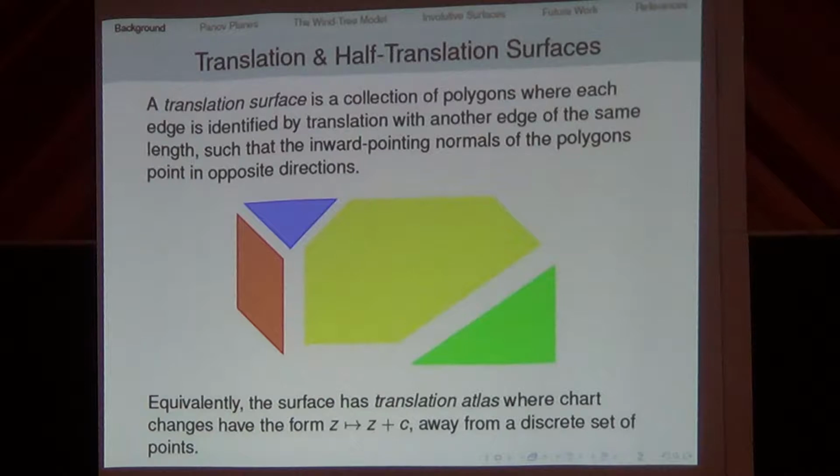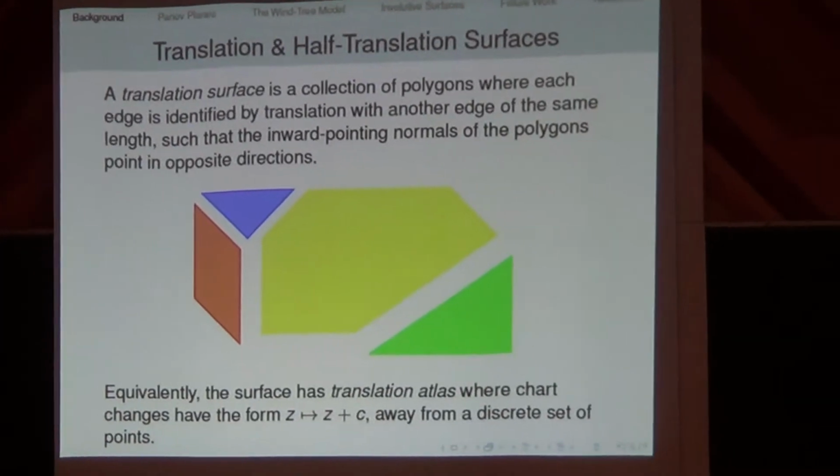This unfolded surface is an example of something called a translation surface, which can be defined in a lot of different ways. One way is to say that it's just a countable collection of polygons glued together at their edges. And when you construct a surface like this, the surface comes with an atlas where all the chart changes are just translations. This is the translation surface.